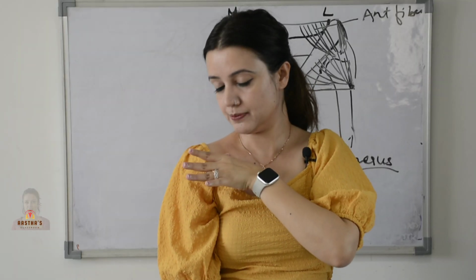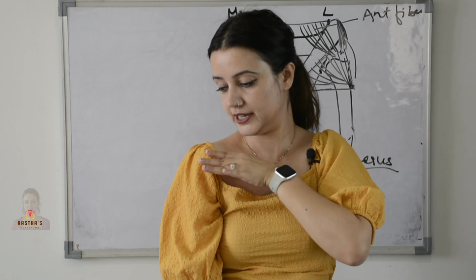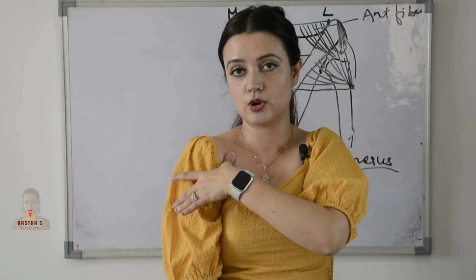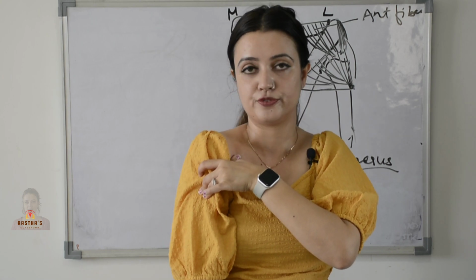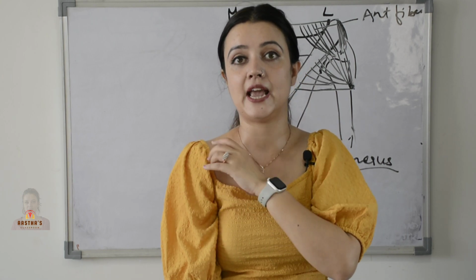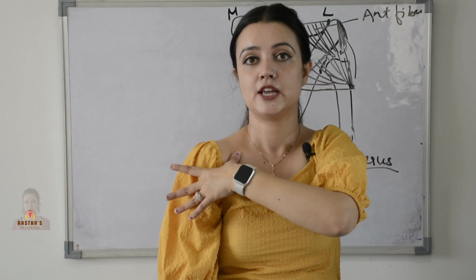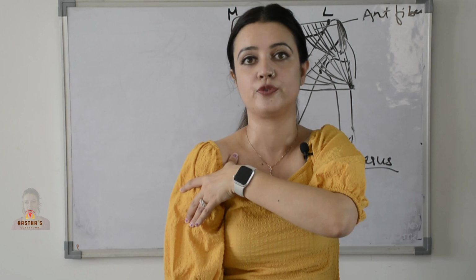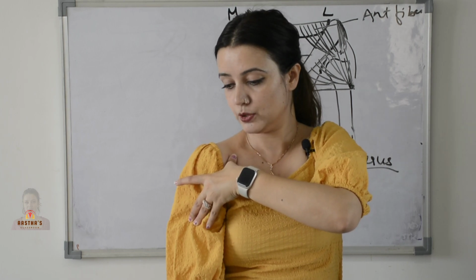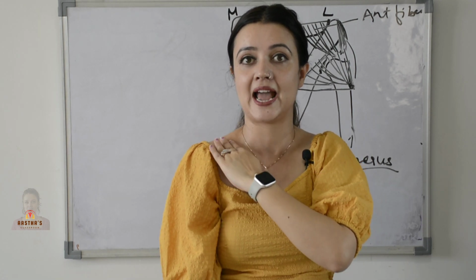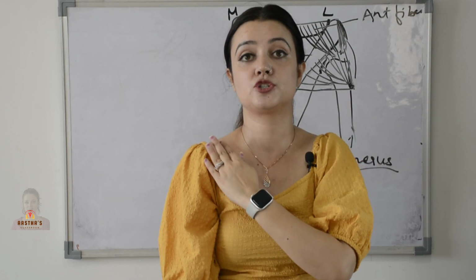And along with that, because the muscle is directed from medial to lateral, when it shortens, it also causes medial rotation of the humerus. Therefore, the anterior fiber of deltoid, when it contracts, pulls the humerus anteriorly because the muscle is passing anterior in the shoulder joint.